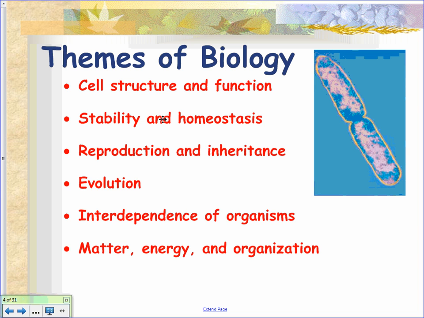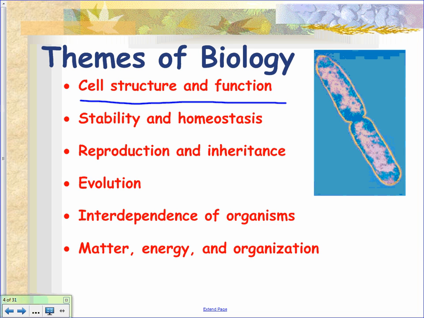So looking at the biology program, we can identify themes that are common in any biology course. Some of those themes we may have covered in other units and in other courses, and some of them we have yet to cover. The first of those themes is the idea of cell structure and function.